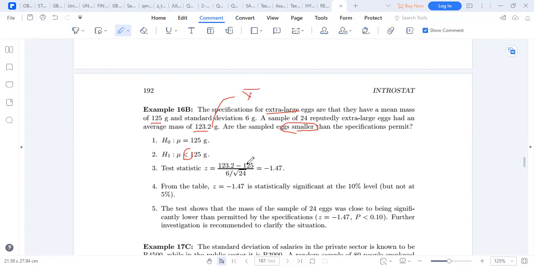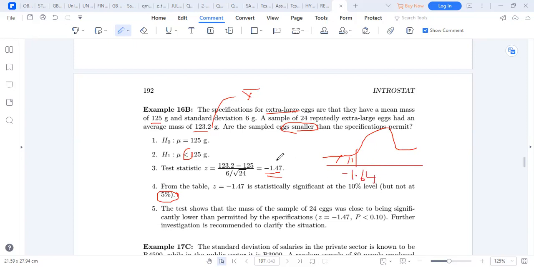So 123 minus 125, over 6 root 24. Our Z is negative 1.47. So since it's less than, what percentage are we using? If we're not given a percentage, we assume it's 5%. So at 5%, what is our statistical value? 5% is negative 1.64.